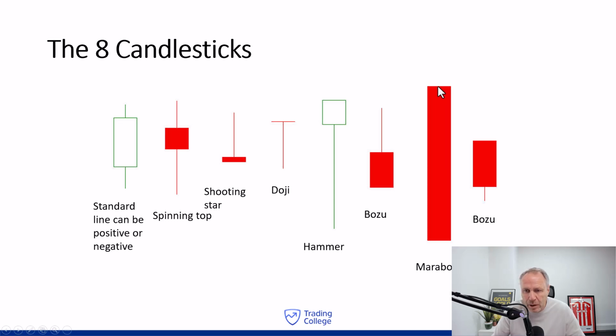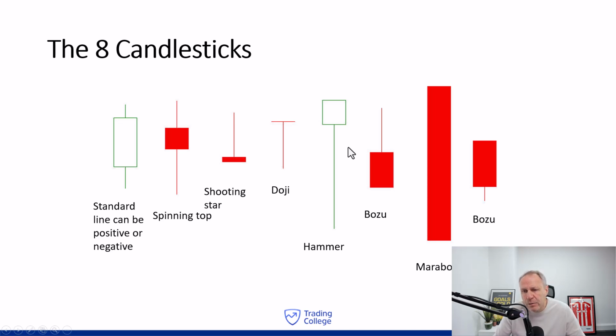I actually did see one yesterday in a stock that I was trading on the open. There's no wick basically, it closes right at the highs or at the lows of that candlestick. With this one, it closed right at the lows, being a red candlestick. This one here opens and closes down here. Okay, so it's a red candlestick, Bozu family.